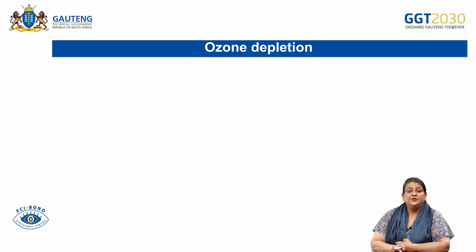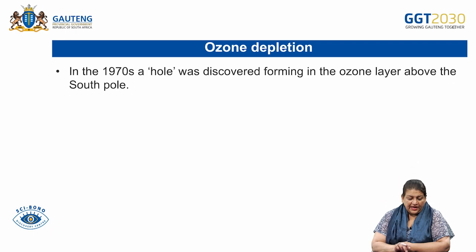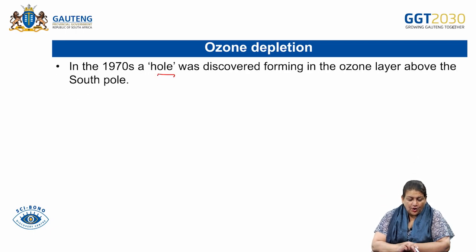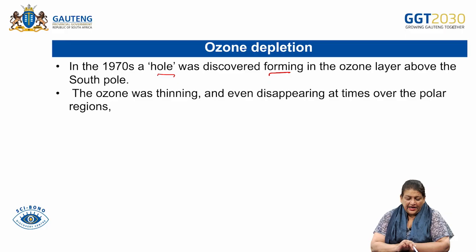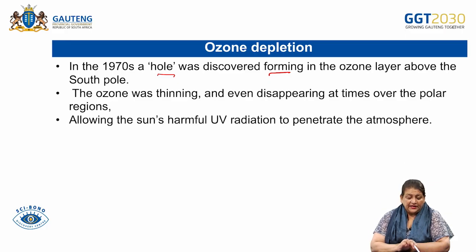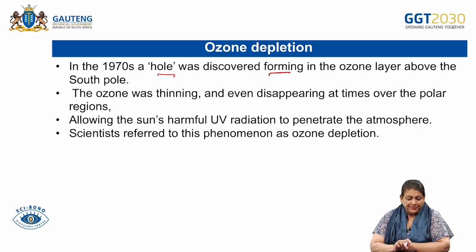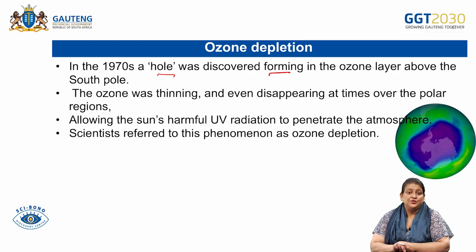Ozone depletion means there's going to be a hole in the ozone layer above the Earth. In 1970, a hole was discovered in the ozone layer above the South Pole. The ozone was thinning and even disappearing at times over the polar regions, and that allowed the harmful UV light to come through the atmosphere, and scientists refer to this ozone hole as ozone depletion.